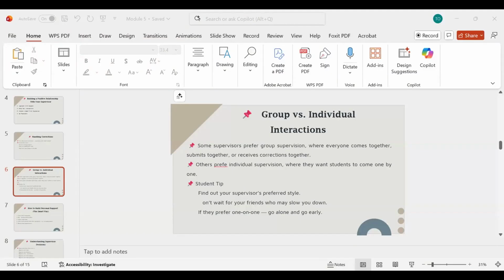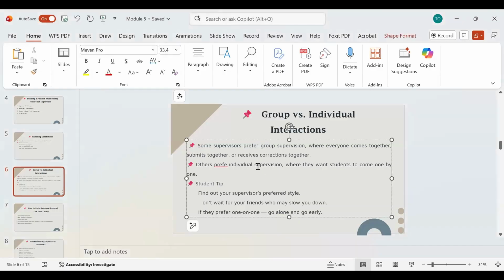Others prefer individual supervision, where they want students to come one by one.